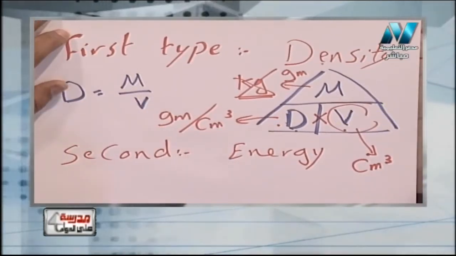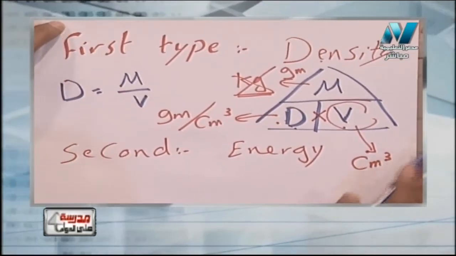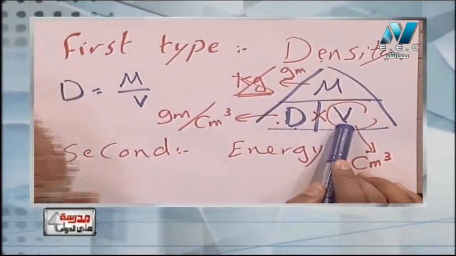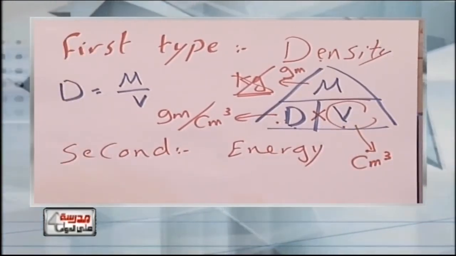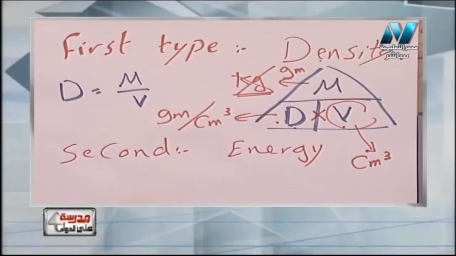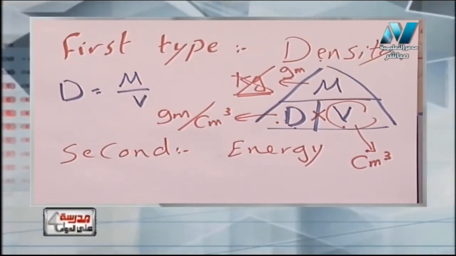Okay, sometimes he doesn't give you volume directly, but he says that a graduated cylinder contains 100 cubic centimeter of water, and if you put a piece of iron, it will be 110. So what can we do?